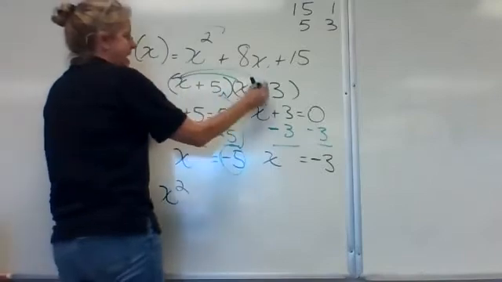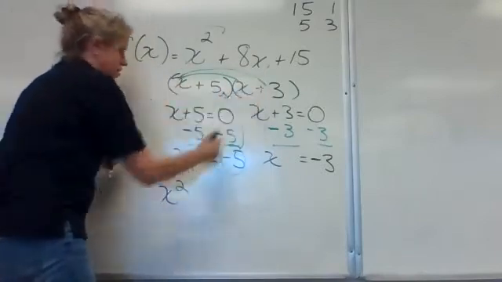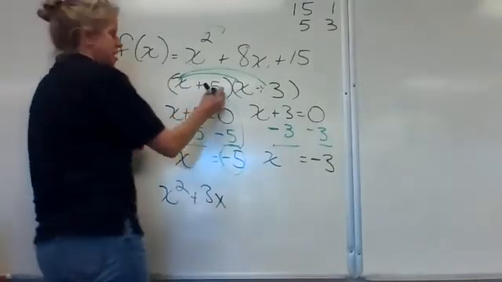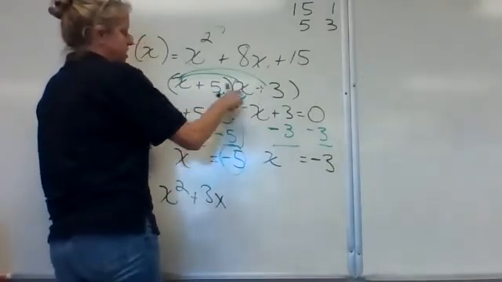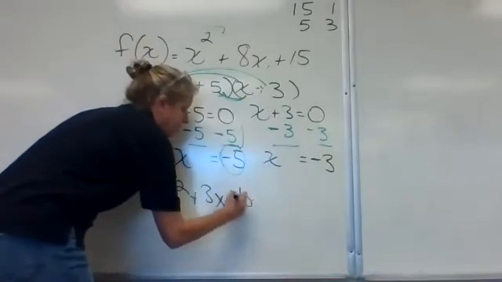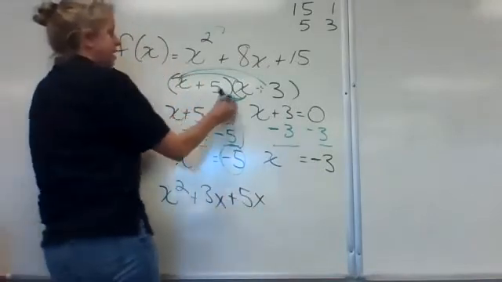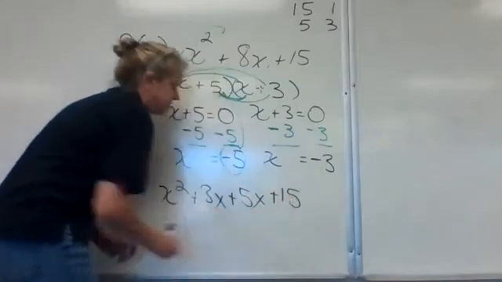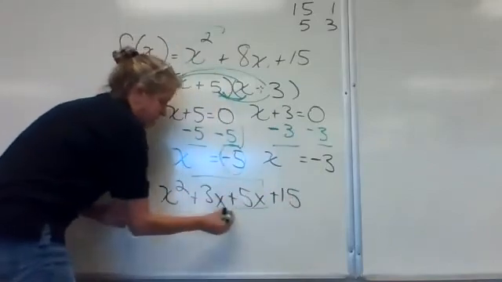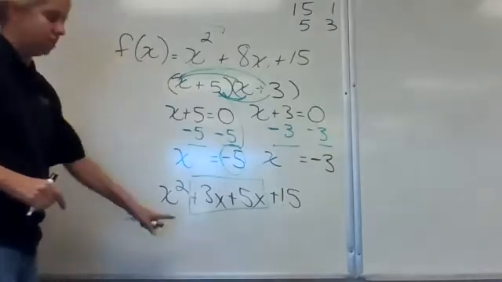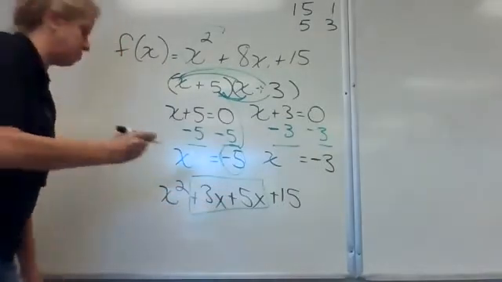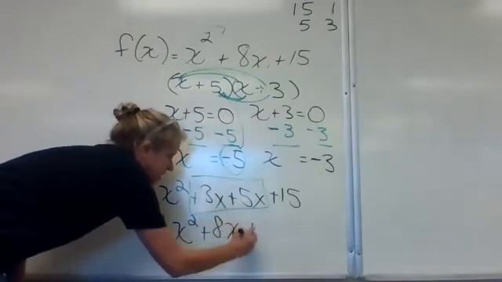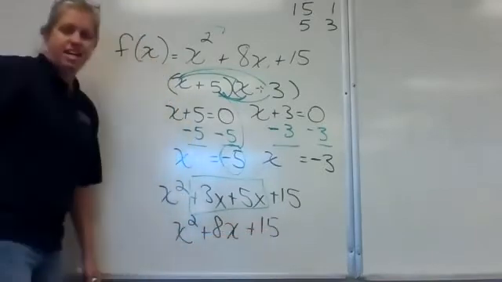My outside, x times 3, gives me positive 3x. My inside, positive 5 times x is positive 5x. And my last, positive 5 times positive 3 is positive 15. And when I put these like terms together that are in the middle, the 3x and 5x gives me 8x. So I would have x squared plus 8x plus 15.